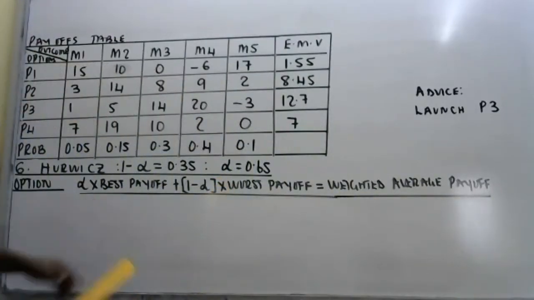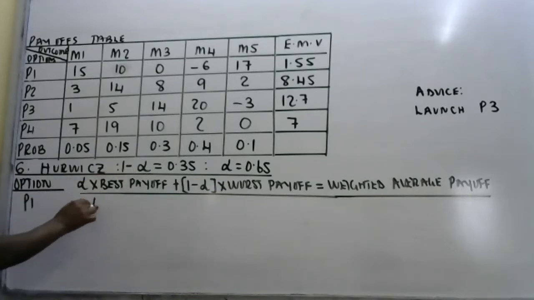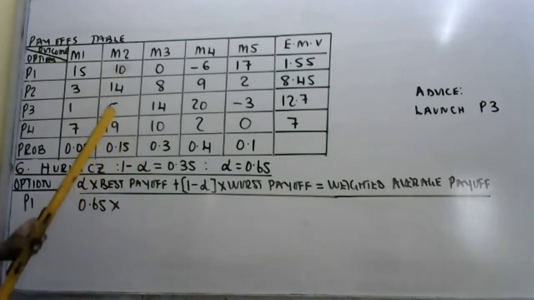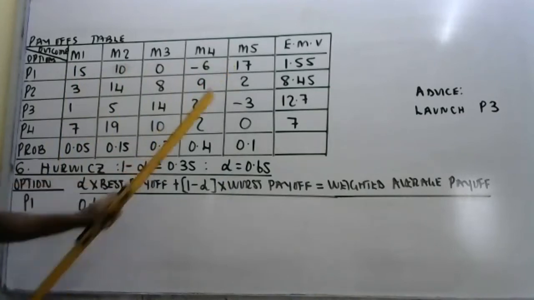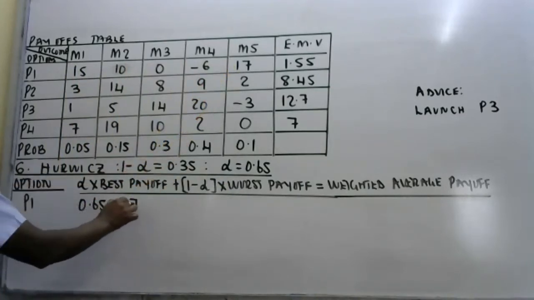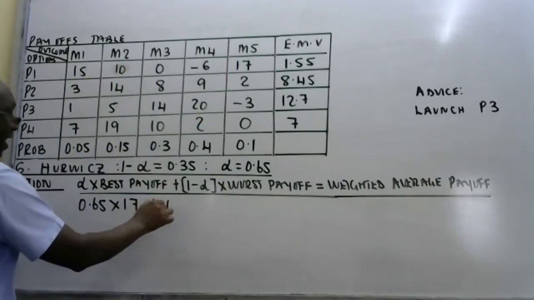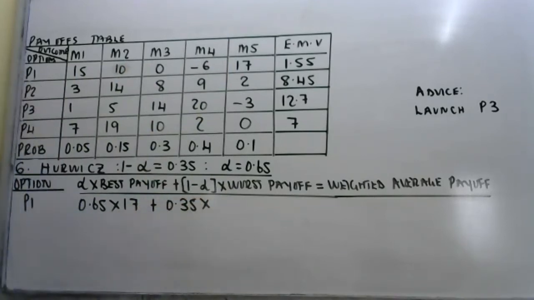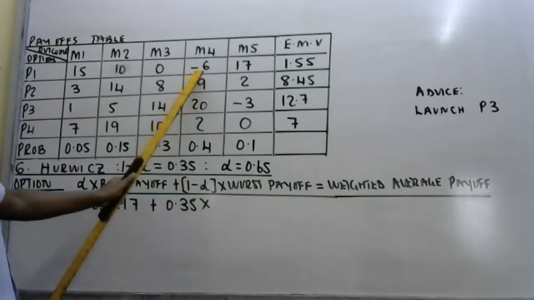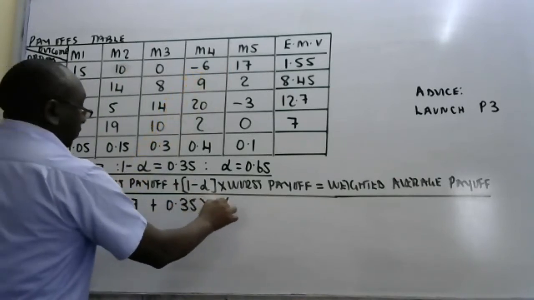So when you come to P1, alpha is 0.65. The best payoff for P1 is 17 as the highest. 1 minus alpha is 0.35 times the worst there, which is minus 6.